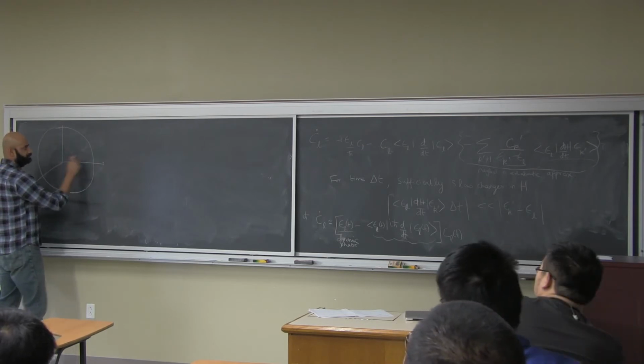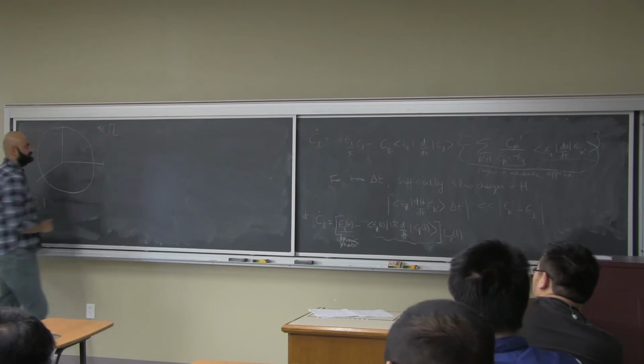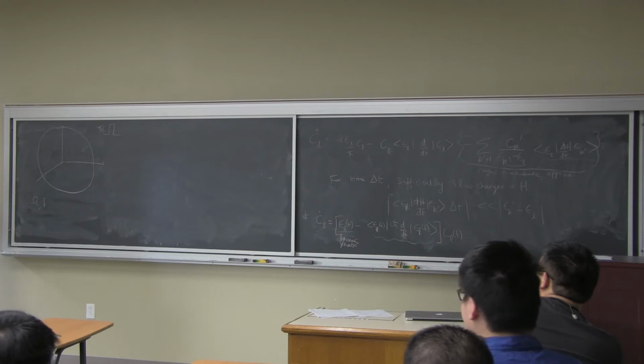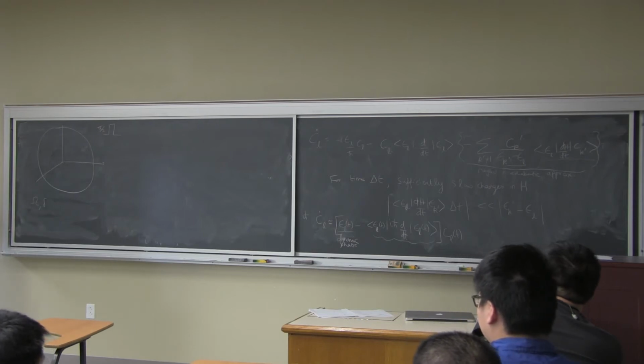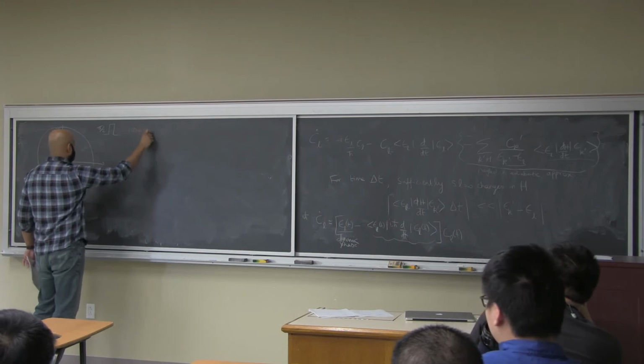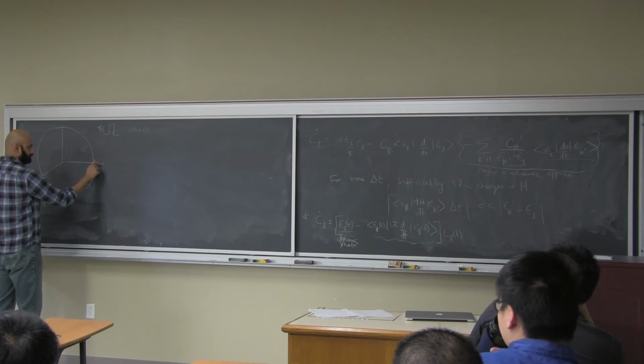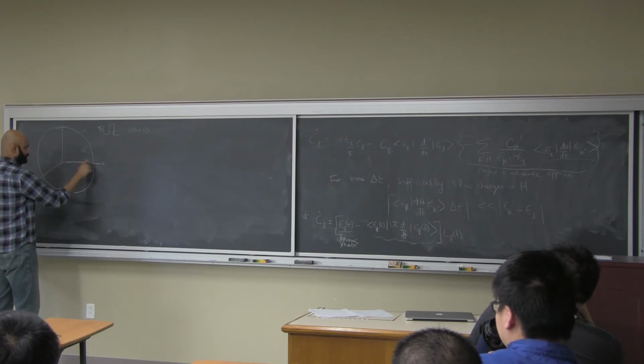We prepare the system, let's say, initially with a pi over 2 pulse, so that the system has been prepared in a superposition of 0 plus 1. So initially the state vector might be pointing like this, along this axis.